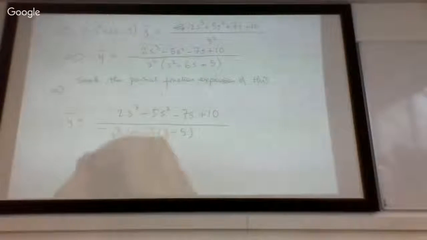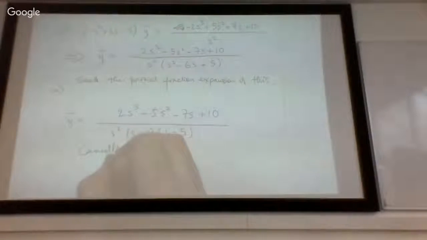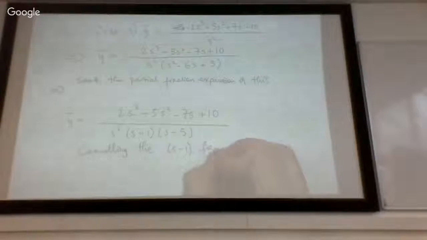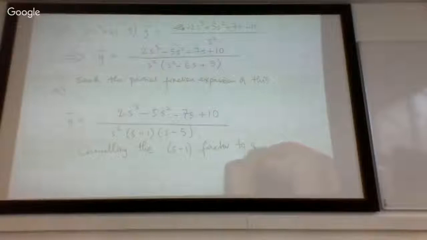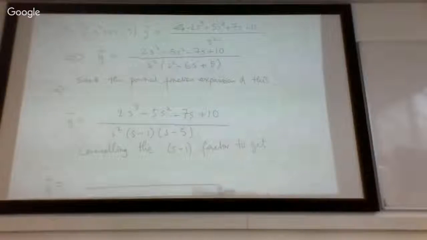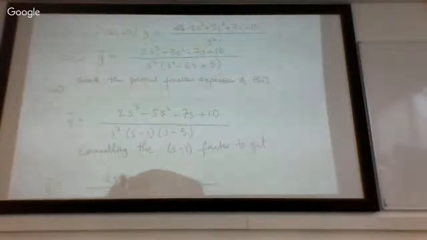Okay. So we can cancel the s minus 1 factor to get y bar. So that simplifies the denominator. It's now s squared times s minus 5. And then we're cancelling. So we're going to get a quadratic on the top. It still has to have 2s squared in it.